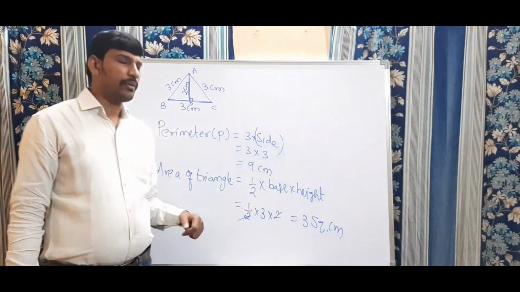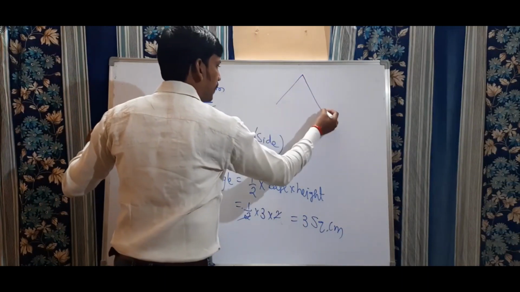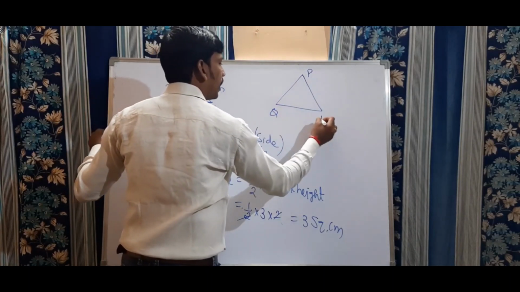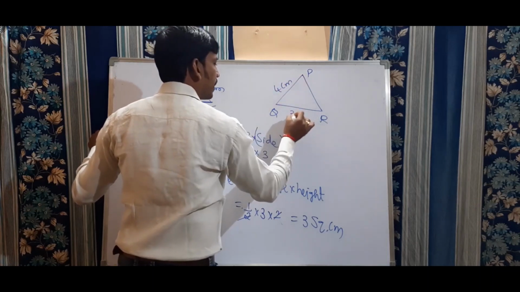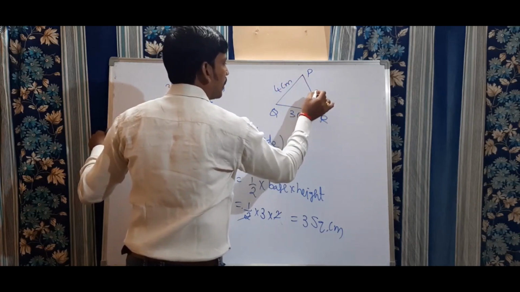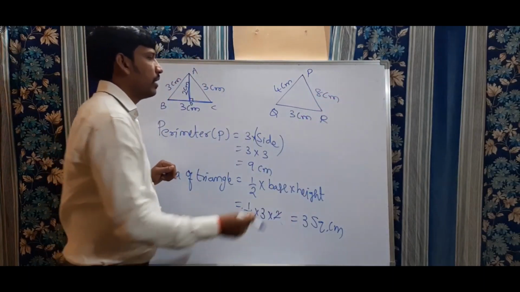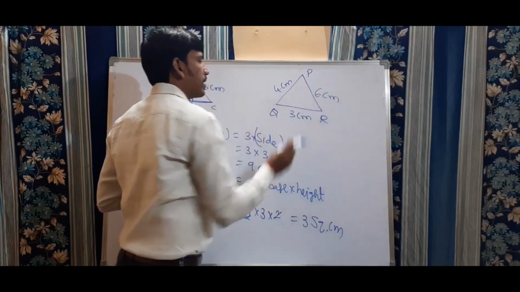Now coming to my question. Suppose there is a triangle PQR, right? The sides are 4 centimeters, 3 centimeters, and this is, let us take, 6 centimeters.